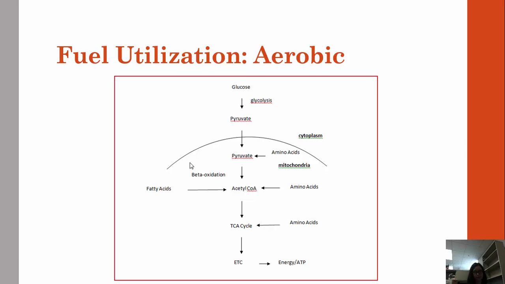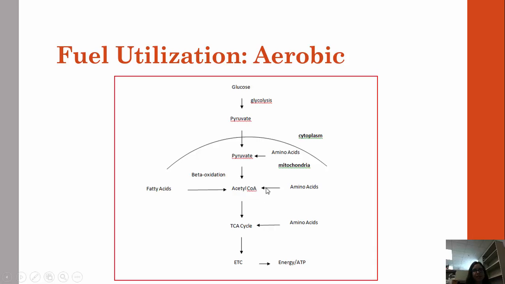Okay, so this is my very advanced diagram that I made myself. So this is just repeating what I said before. So here we have glucose or carbohydrate. It's able to enter the inner mitochondrial membrane in the way of pyruvate, and then goes to our common substrate, acetyl-CoA. And we'll see here, and again, we'll go into way more detail when we get to the individual macronutrients, but both amino acids and fatty acids are able to also be transformed into acetyl-CoA.